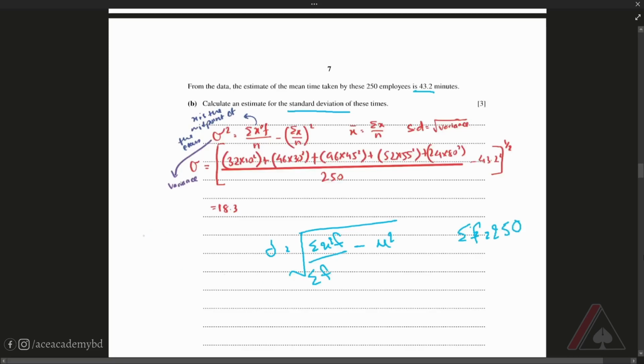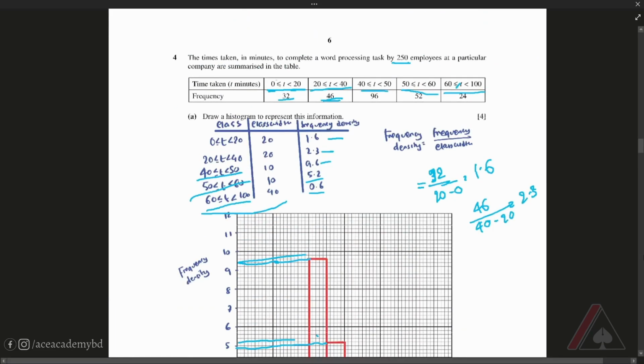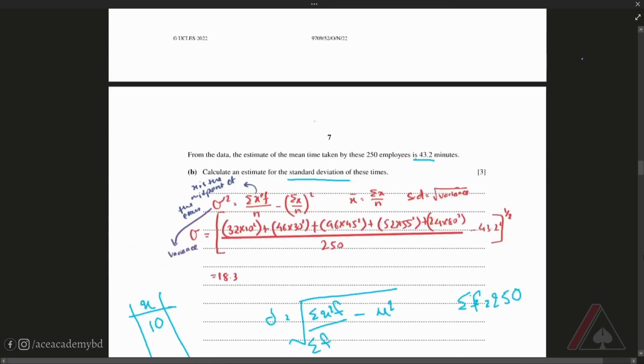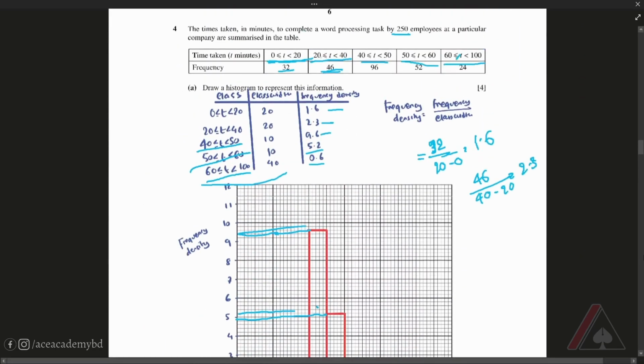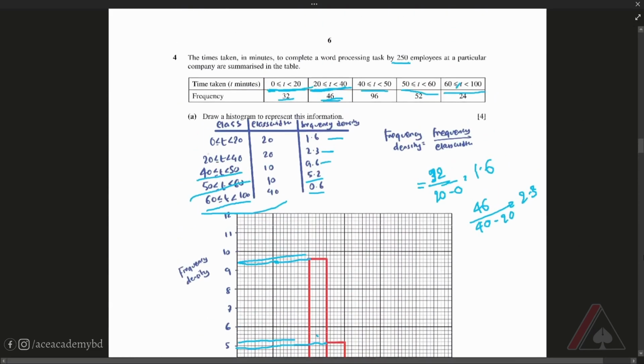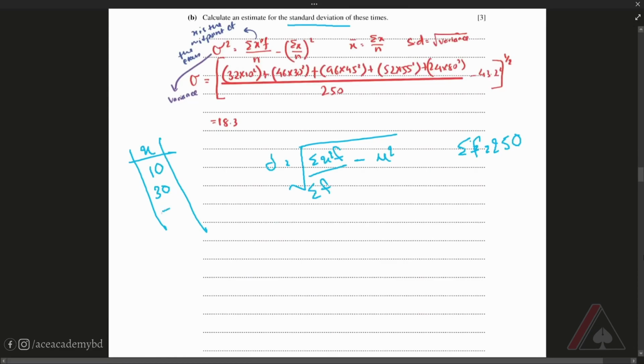Now how do we find x? We're given a range of times, right? So what we do is we take the midpoint of the range. So from 0 to 20, we get 10 as midpoint. From 20 to 40, we get 30 as our midpoint. From 40 to 50, we get 45.